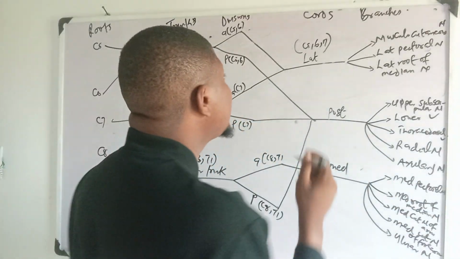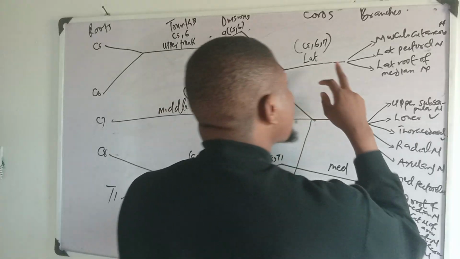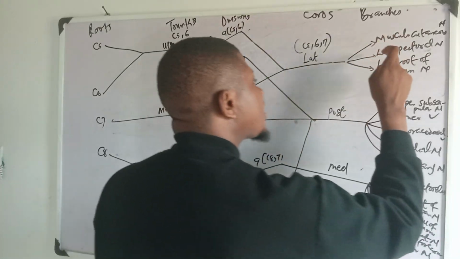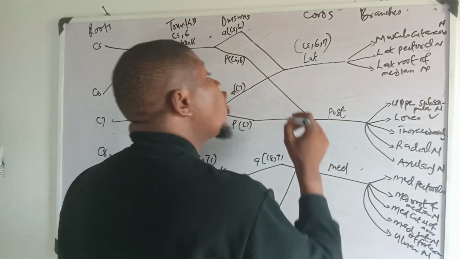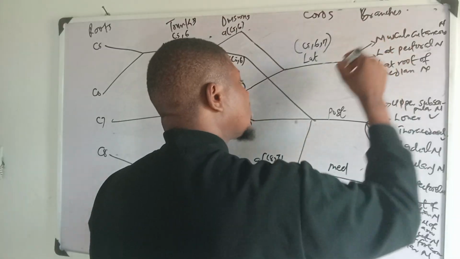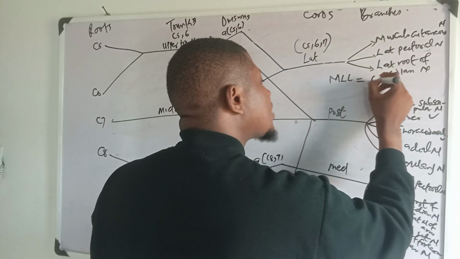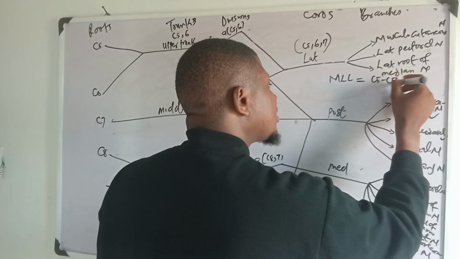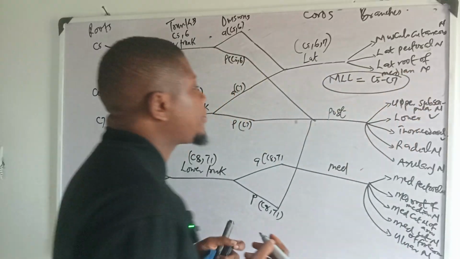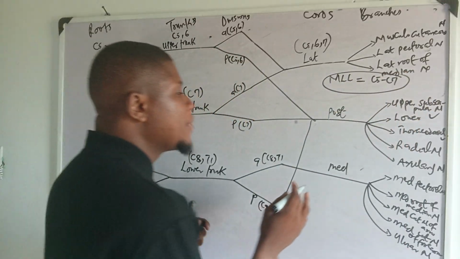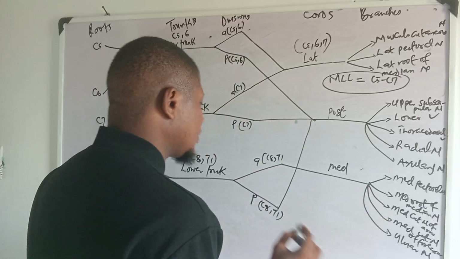All the nerves coming from the lateral cord, the musculocutaneous nerve, the lateral pectoral nerve, and the lateral root of the median nerve, all of them, the MLN, have the same nerve root, C5 to C7. Very simple, right? Sharp.